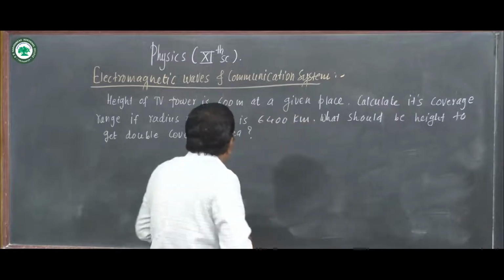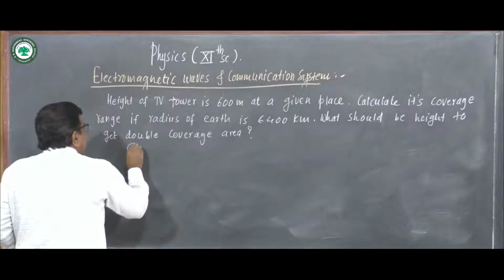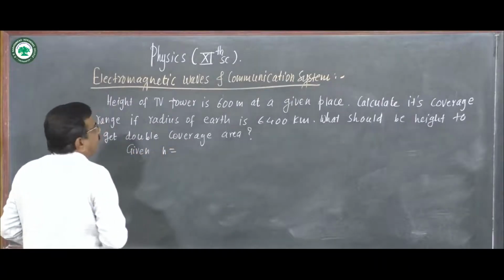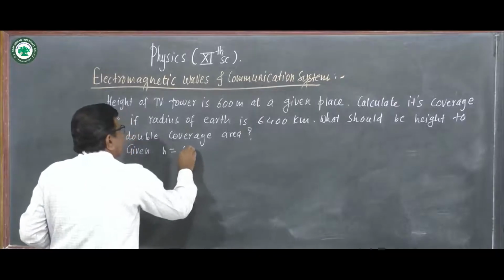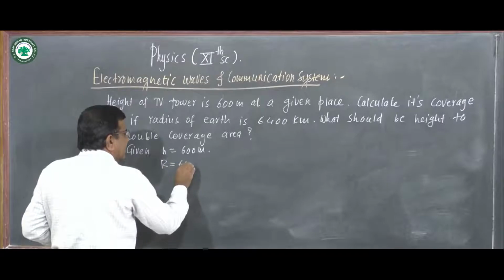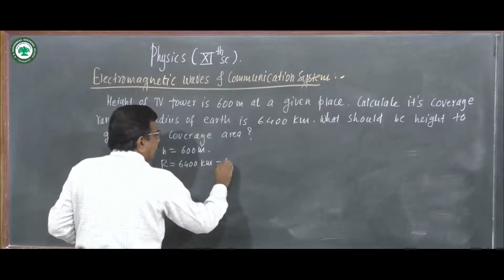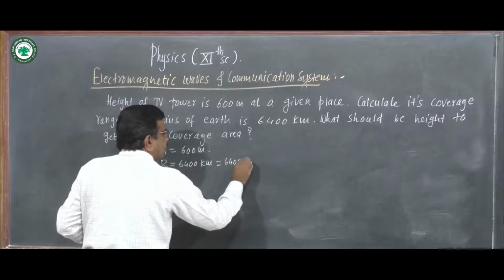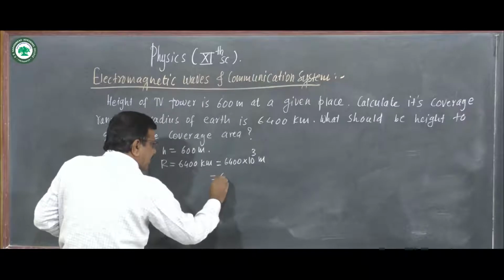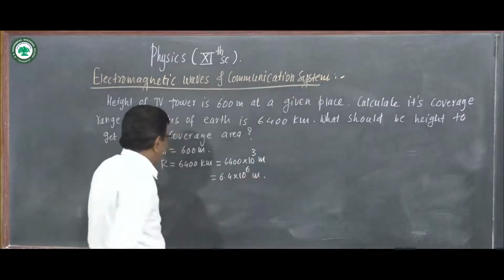See here, our given data is H, height of TV tower, is 600 meter, then radius of Earth is 6400 kilometer, that is 6400 into 10 raised to 3 meter, or we also write it as 6.4 into 10 raised to 6 meter.